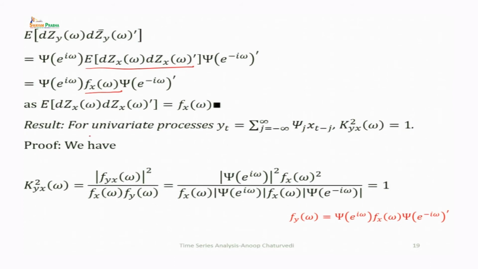Next result is for the univariate process y t equal to summation j psi j x t minus j: k square y x omega is equal to 1.